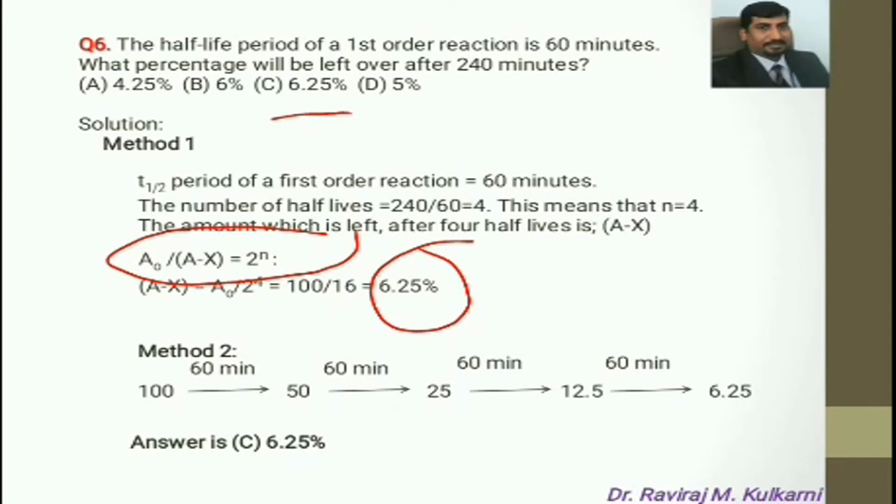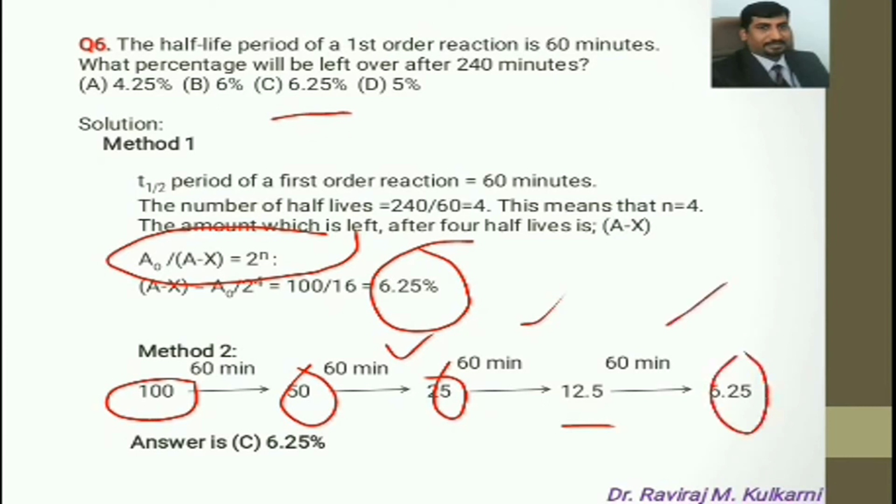I have another method, a logical method. Initial concentration is 100%. It becomes 50% after 60 minutes. Then 50% becomes half, that's 25%, in another 60 minutes. Then 25% becomes 12.5% after another 60 minutes, that's 180 minutes. Another 60 minutes, it becomes 6.25%.